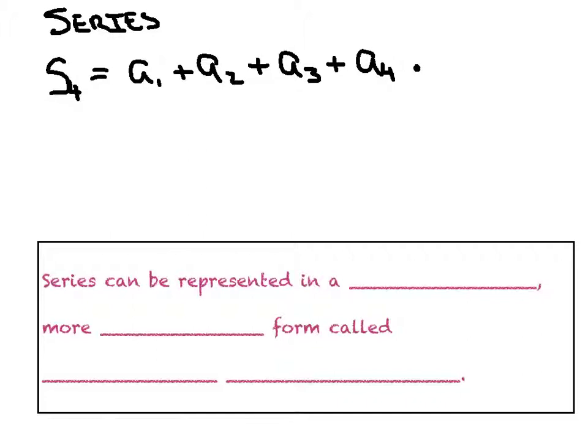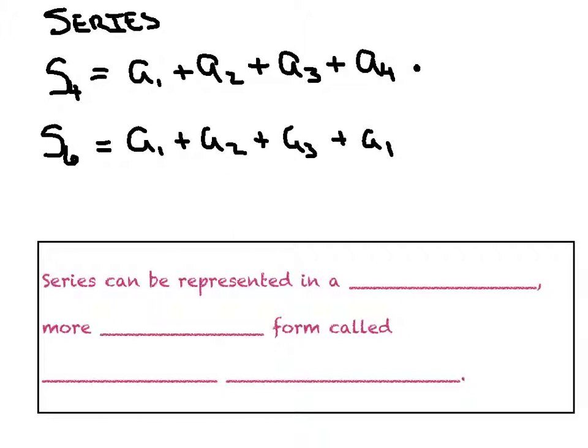We are not continuing any further beyond that. Or if they said S sub 6, that means they want the sum of the first 6 terms, A sub 1 plus A sub 2 plus A sub 3, and so on, until we got to A sub 6. And again, stop right there. Do not go any further than A sub 6.